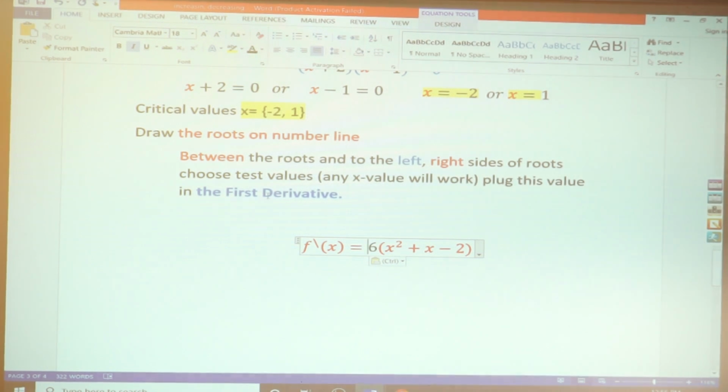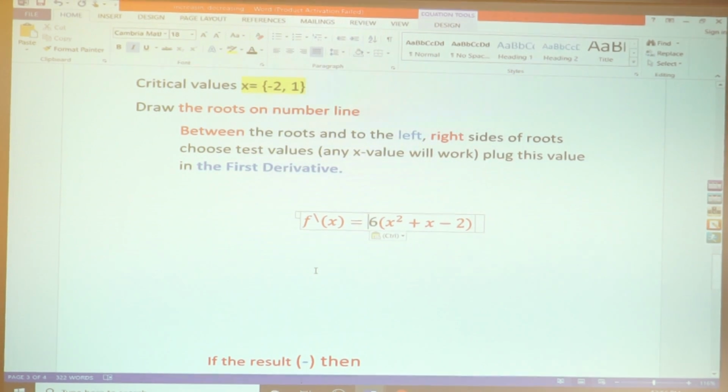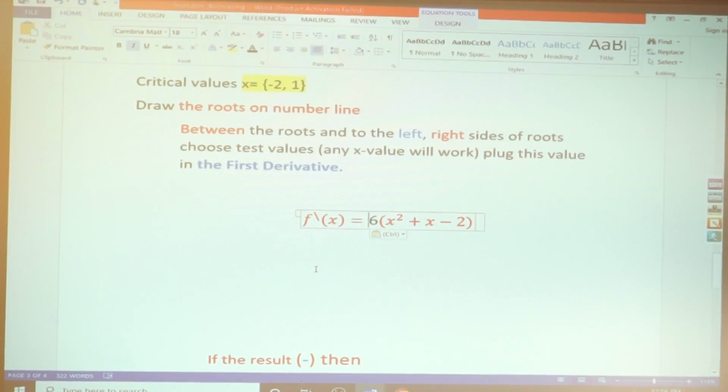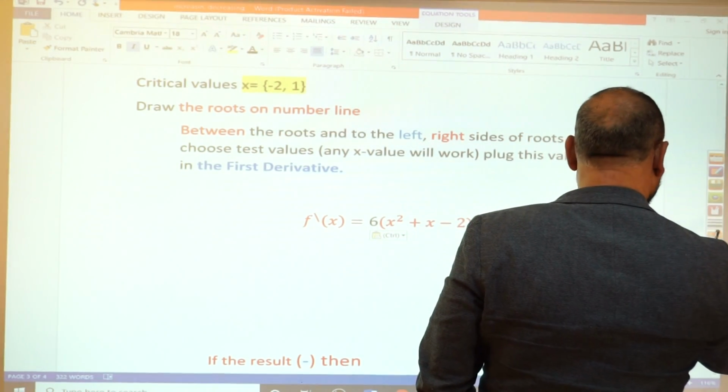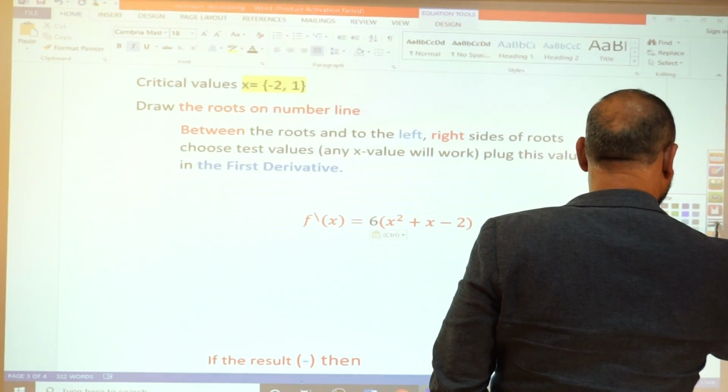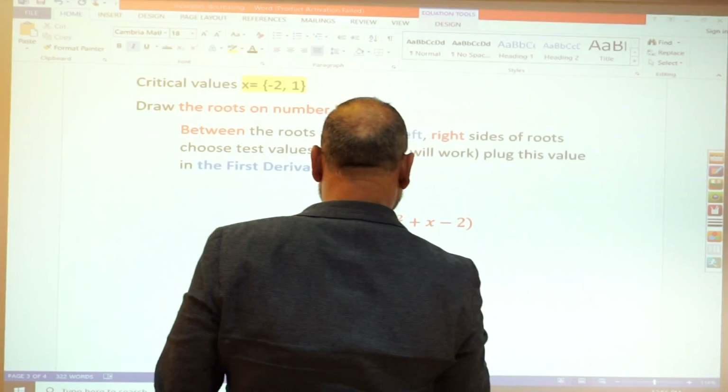Why? I need the number line. I have the tools. Let me go to my board and show you what I have to do. Then I'm going to draw the number line here.